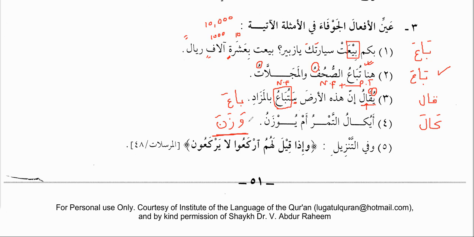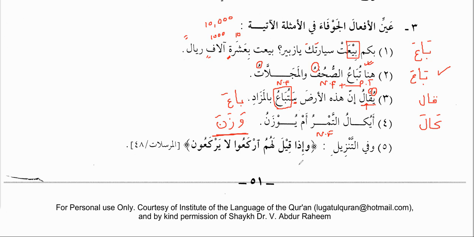So these are called differently, and these are the different types of verbs we will do inshallah later in this exercise. Wazana means to weigh. So how are you going to translate? Ayukalu at-tamru, this is naibul fail. So are the dates measured or weighed? So this is how you translate.